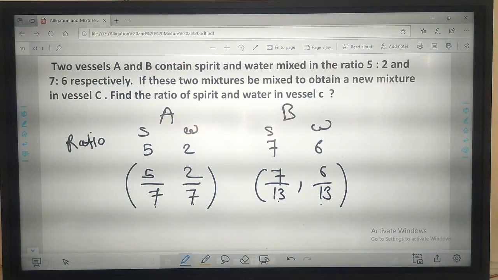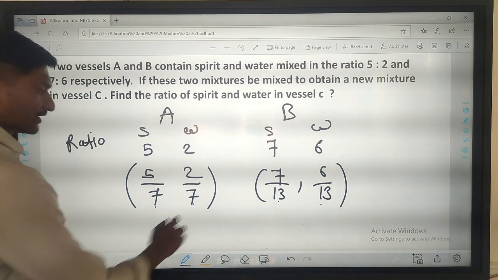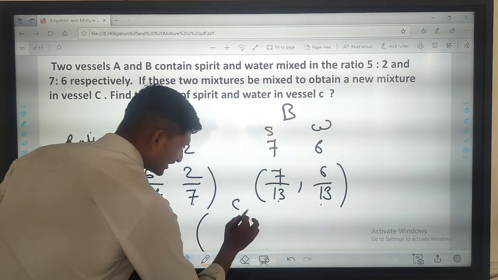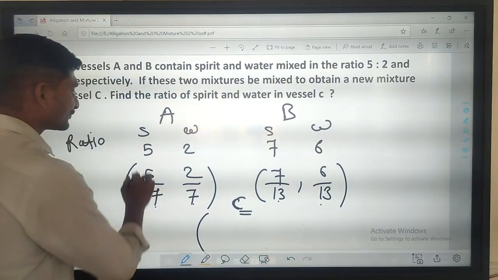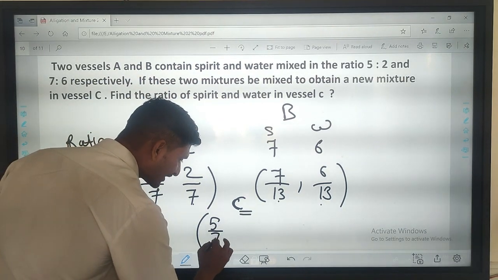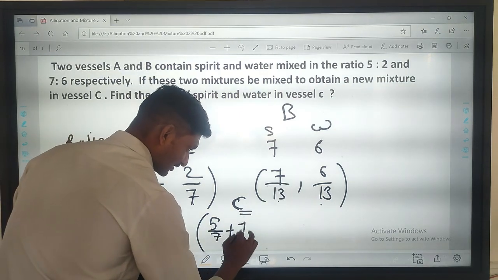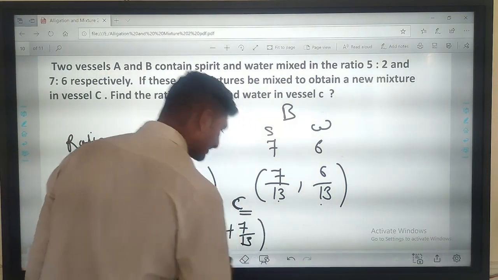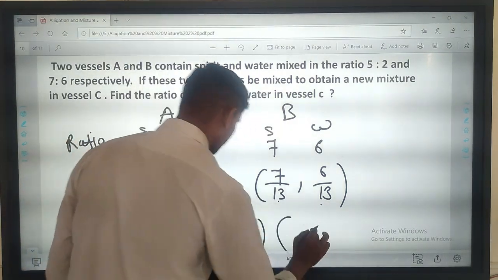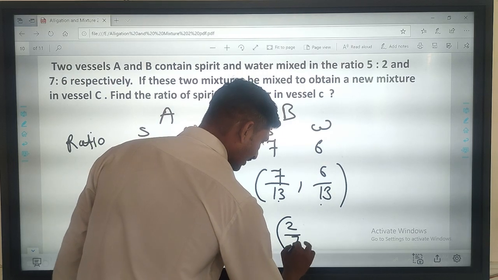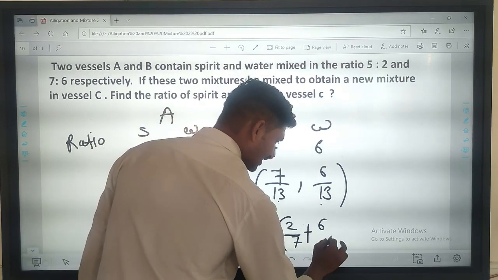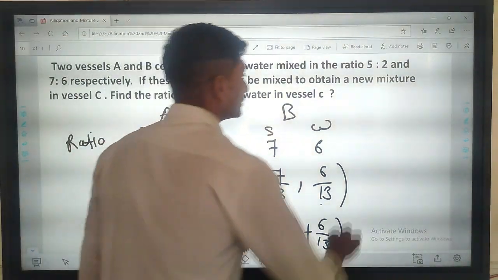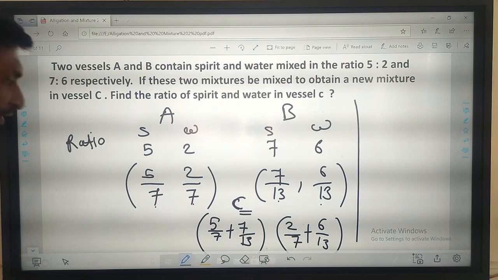Vessel C contains spirit 5/7 plus 7/13, and water 2/7 plus 6/13.